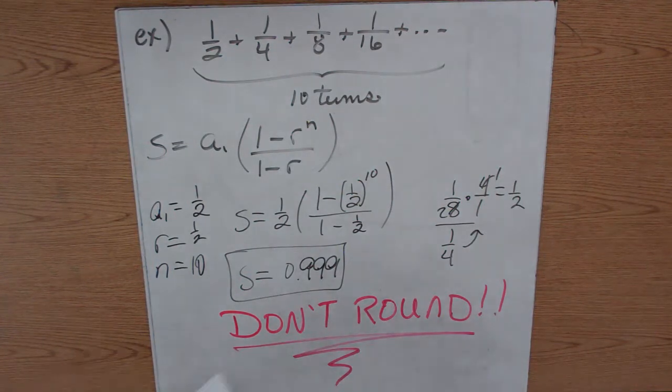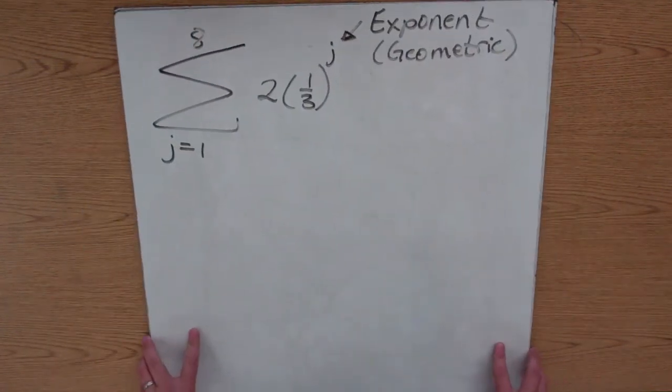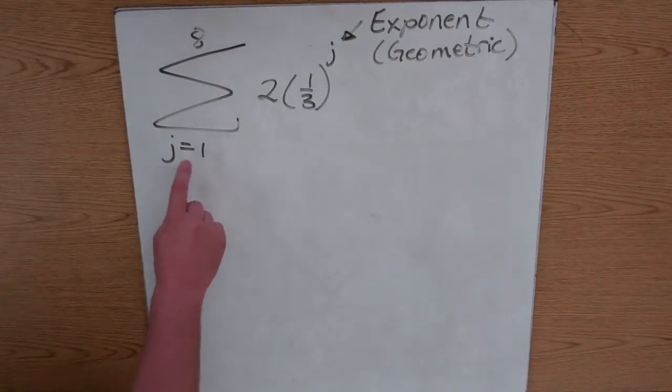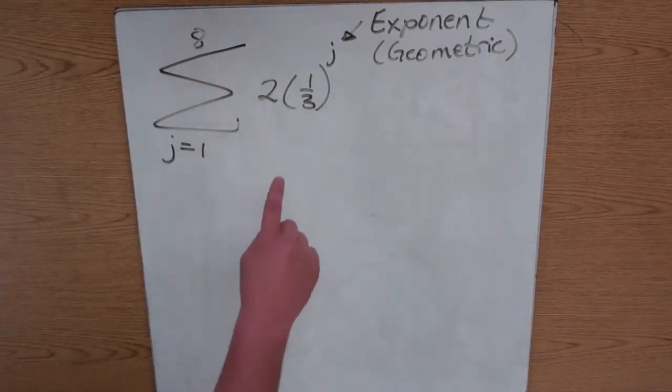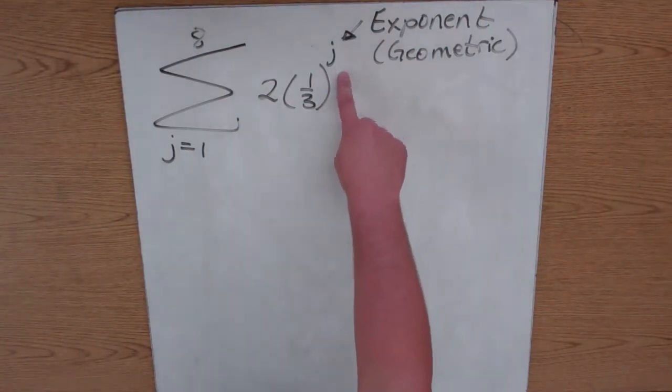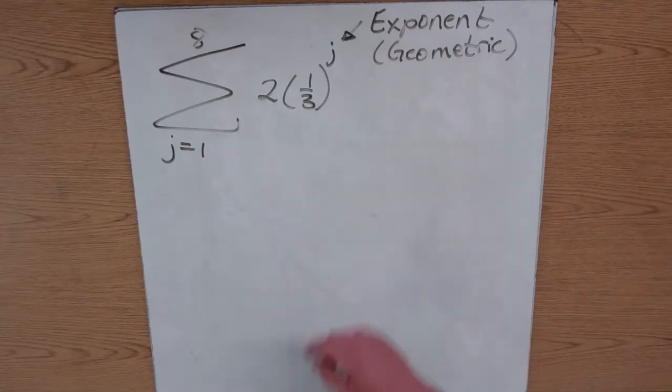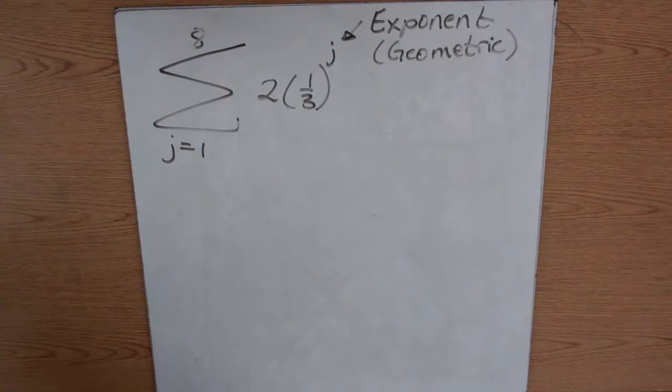Now, there's also sigma notation with the geometric series. All right? So the sum from 1 to 8 of 2 times 1/3 raised to j. Since j is an exponent, that is your key that this is a geometric sequence.